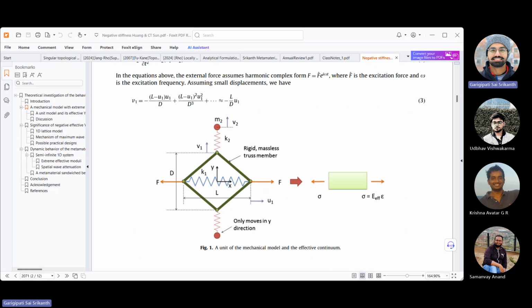So this is not an independent degree of freedom. If these truss members were not rigid, then these would be independent degrees of freedom. So that rigidity is really, really important.